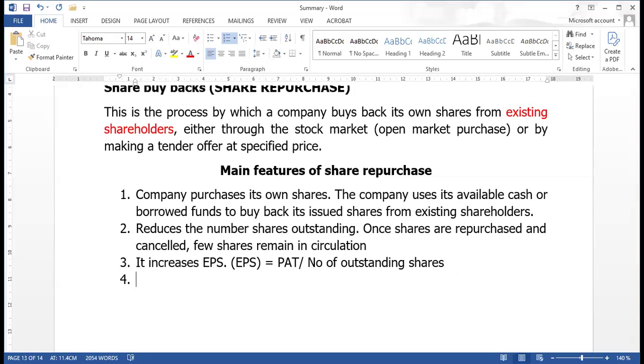Then the next main feature is that it changes the capital structure. Share buybacks reduce equity. It's another point that you can put, because when we look at our equity, it will now reduce.